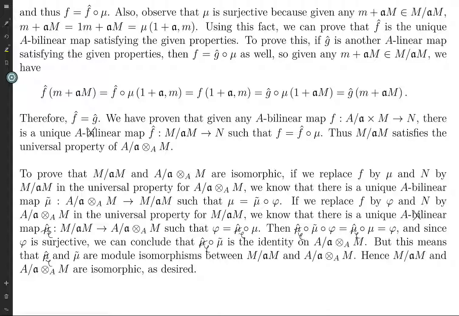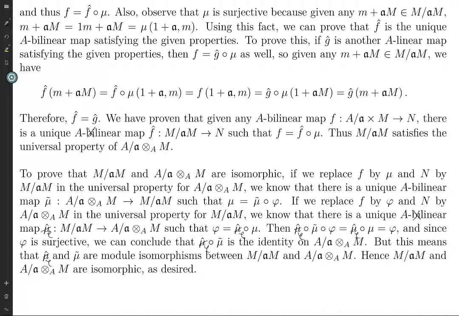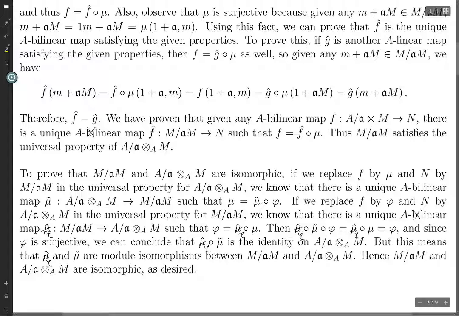So yeah, phi hat and mu tilde are inverses to each other that map between these two things, and they are A linear maps, i.e. they are module isomorphisms. And so these two modules are isomorphic, and that's what we wanted to prove, and so now we are done.